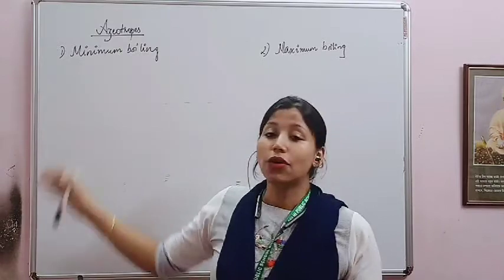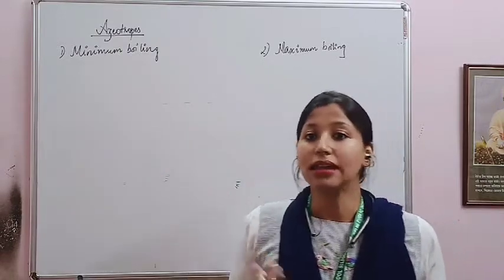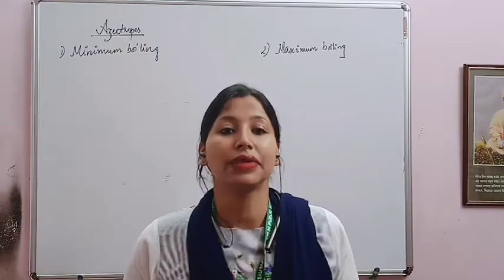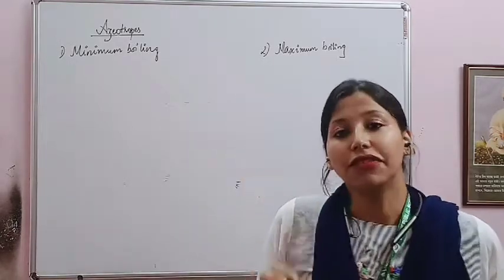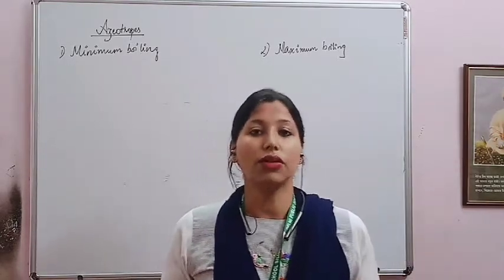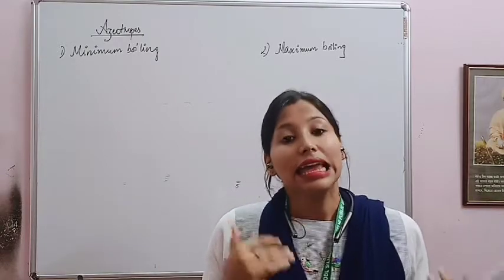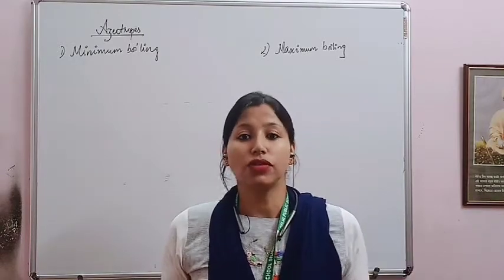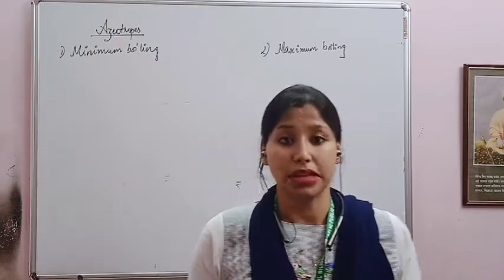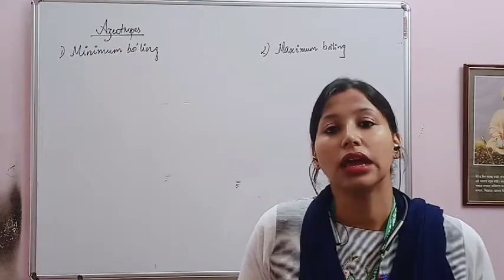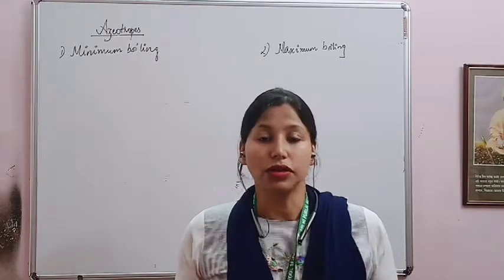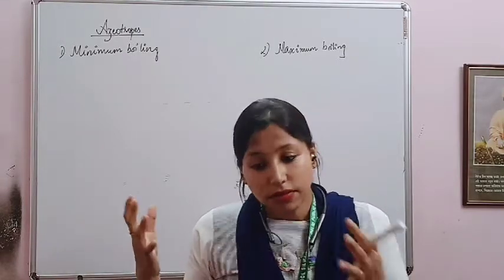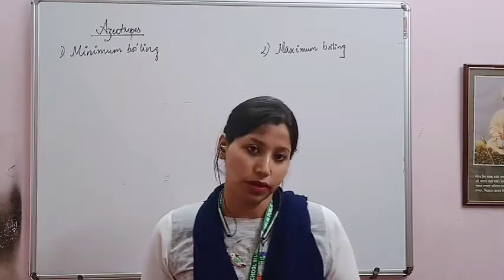Now, we are talking about azeotropes and minimum boiling mixtures. See here. Suppose you have ethanol and water mixture. The main source of ethanol is fermentation. Now, when you obtain ethanol by fermentation of sugars, that particular solution is rich in water.